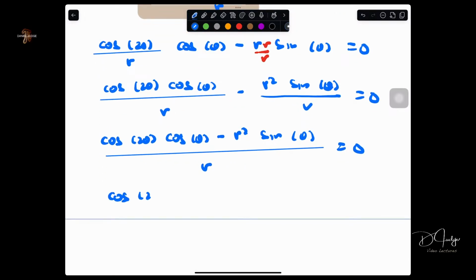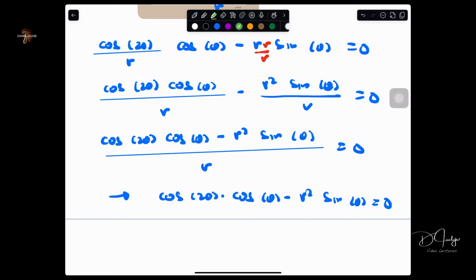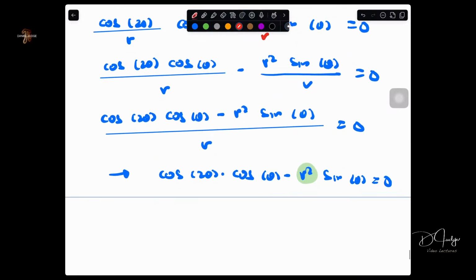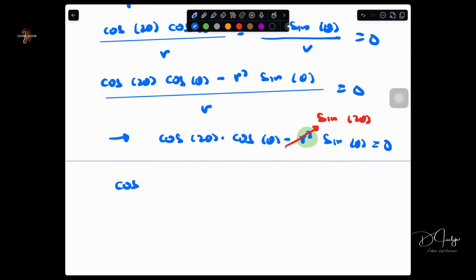You'll end up with, well, this implies, by the way, since you have a fraction equal to 0, your numerator must be 0. Don't forget what r squared is. I believe that's sine double theta. So cosine double theta cosine theta minus sine double theta sine theta equals 0.